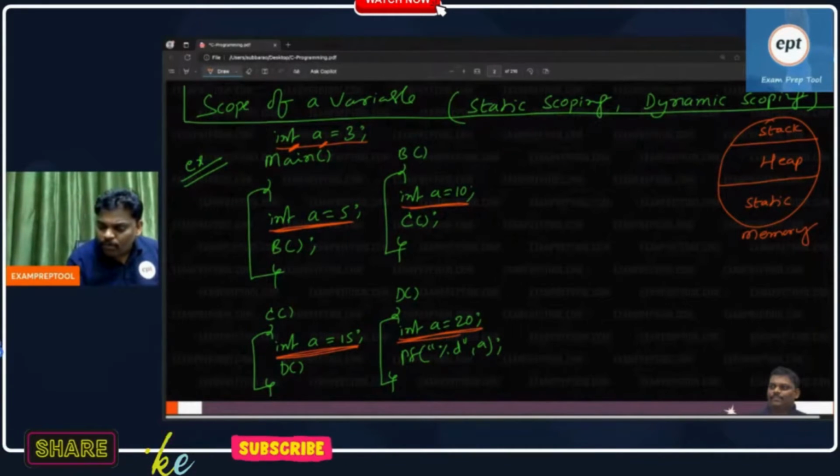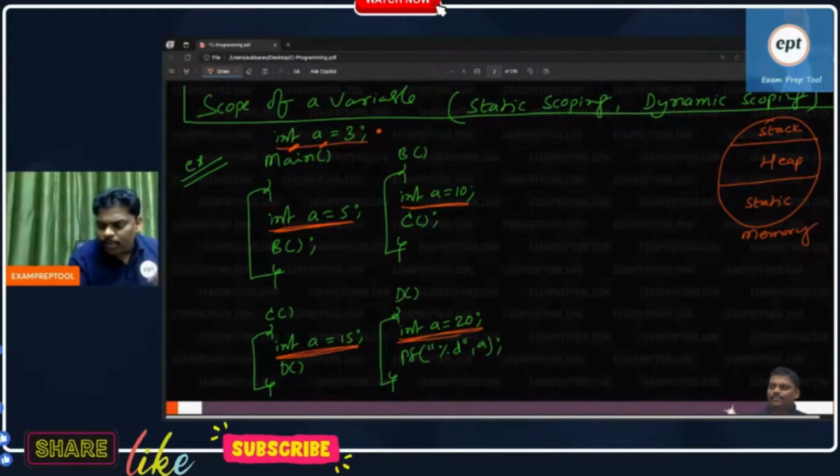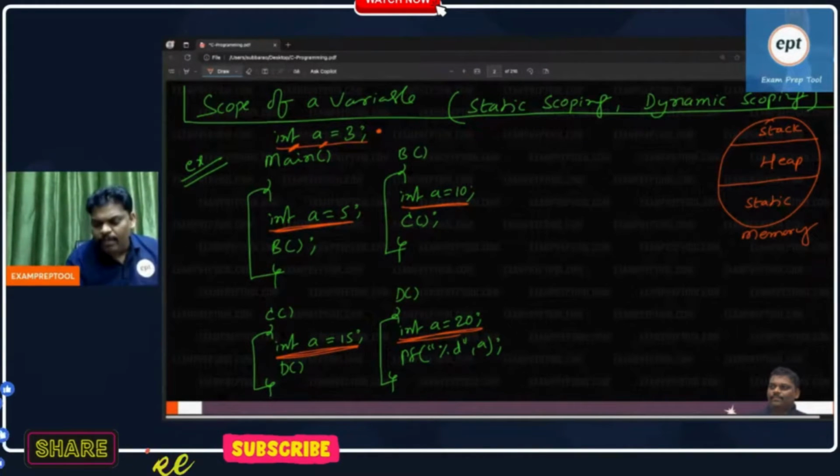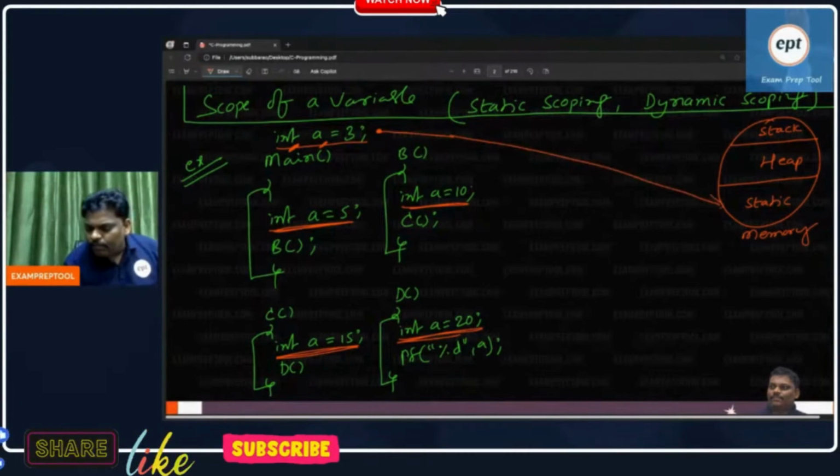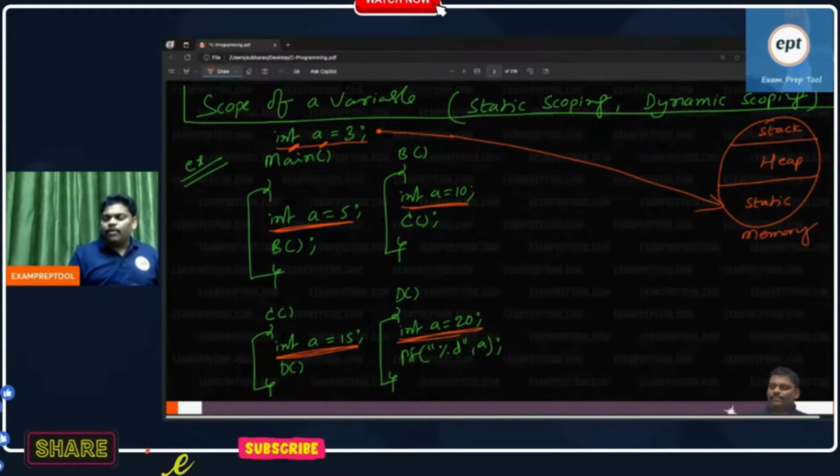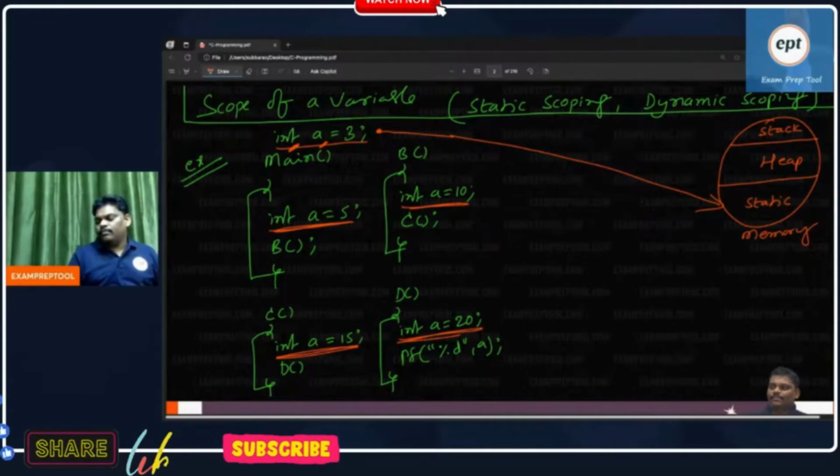Remember everyone. A global variable is a global declaration. Remember, the purpose of a declaration is creating memory. To this variable A, memory will be created in the static area.